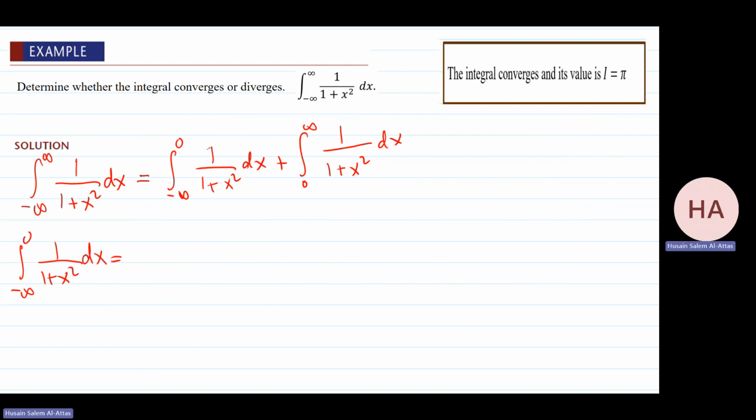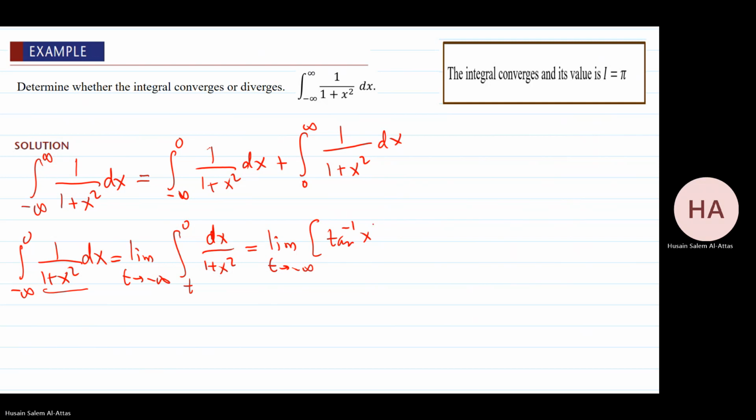This I know. No, this is the first, I changed it into a limit. t goes to minus infinity. Be careful with the calculation. t to 0, dx over 1 plus x squared. This will be the limit as t goes to minus infinity of tan inverse of x from t to 0. That will be the limit as t goes to minus infinity.